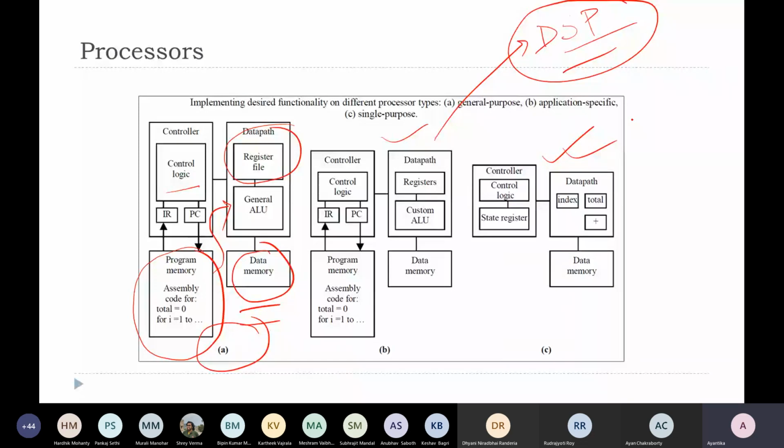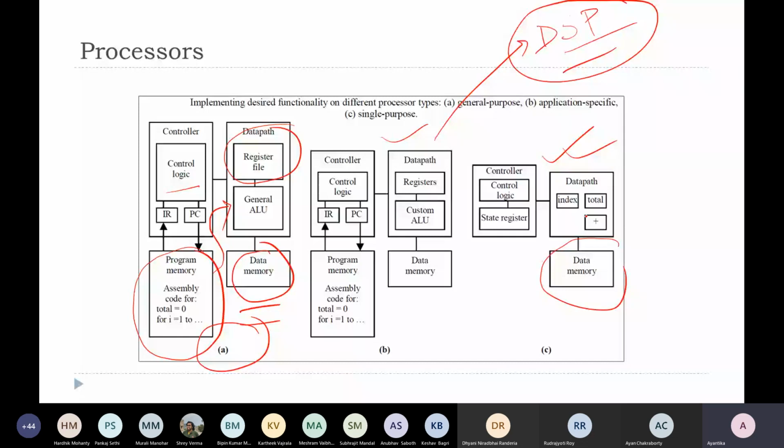Single purpose processor means basically hardware design. That means you are efficiently designing those adders, those multipliers, and you are maybe designing a small memory. That small memory may be interacting with your arithmetic logic unit in a faster way so that your overall computation performance is improved.